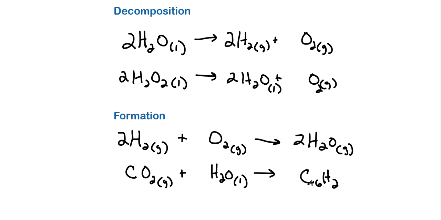Oops, my mistake. Let's back up a little bit. They can take carbon dioxide, water, yep, that's right, water, which is a liquid, and they make sugar out of it.